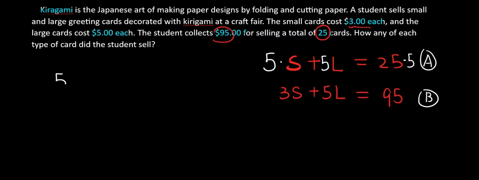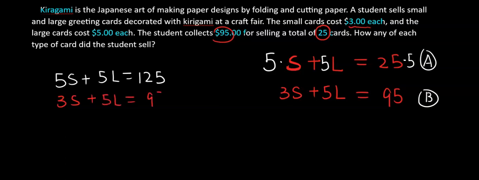The new one says 5S plus 5L equals 5 times 25 is 125. That's my new one. Then I'm going to copy down. My original one is 3S plus 5L equals 95.